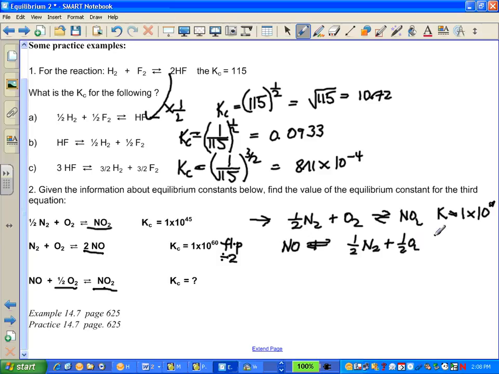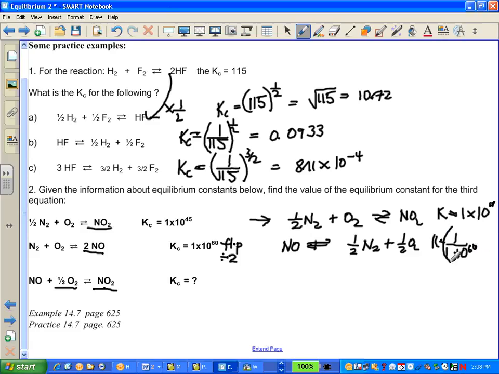Because I made this change, the equilibrium constant is also going to change. And we need to apply the appropriate manipulations. So we flipped it, so it's going to become 1 over 1 times 10 to the 60. Okay.